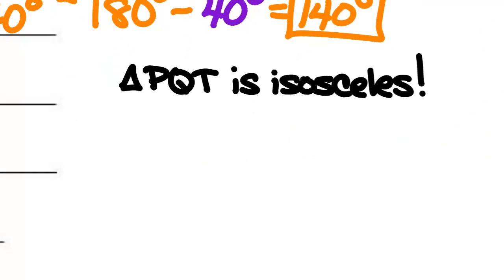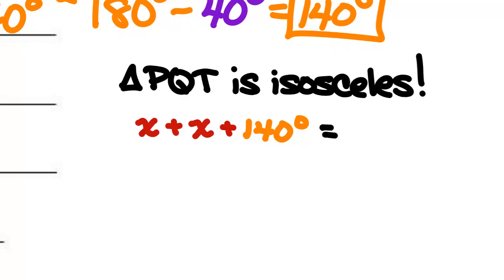So now I can take X plus 140 degrees, and that is equal to 180 degrees. So what would I want to do now?